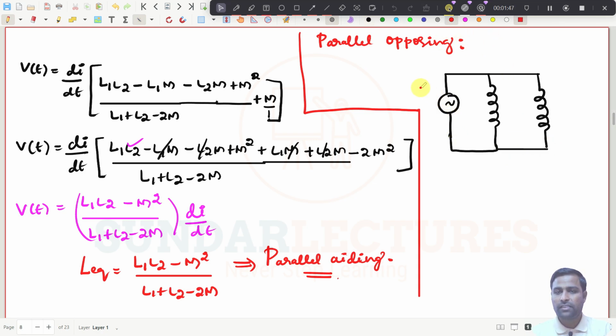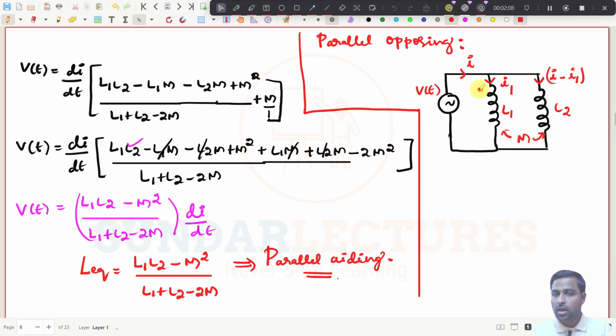See now, this is V of t, no difference in this, and this is I, that is also no difference, and this is I1, no difference, and this will be I minus I1, no difference. This is L1, this is L2, and whatever you have here, mutual inductance M.